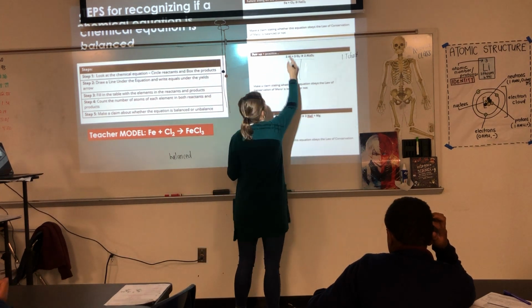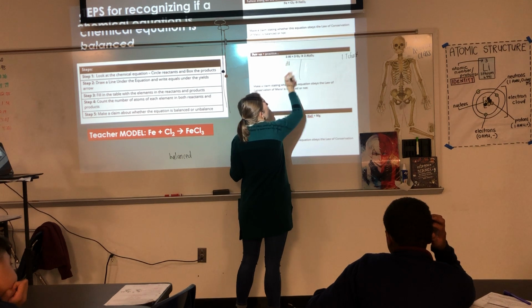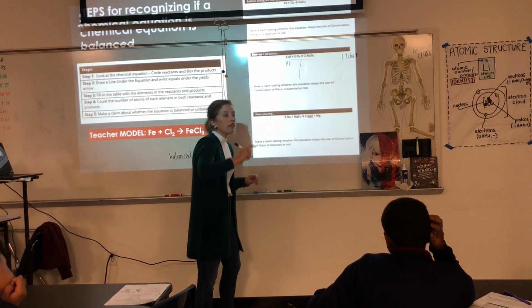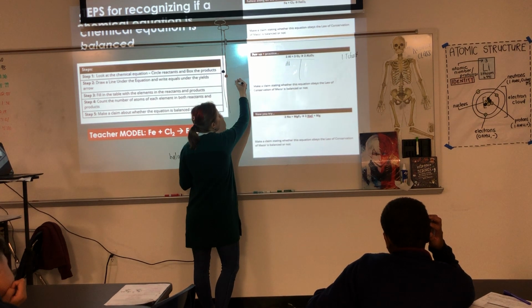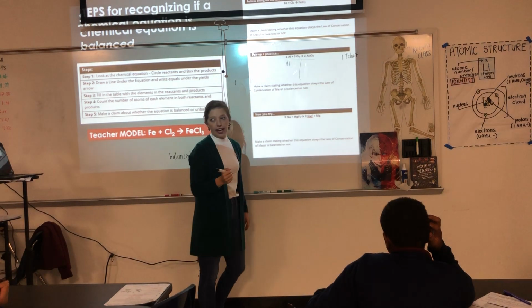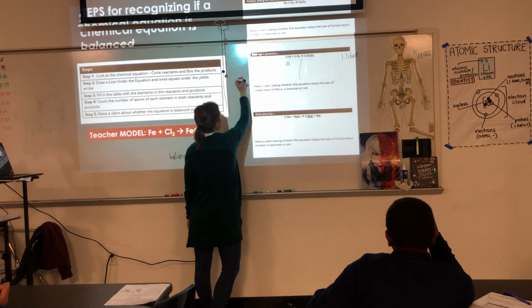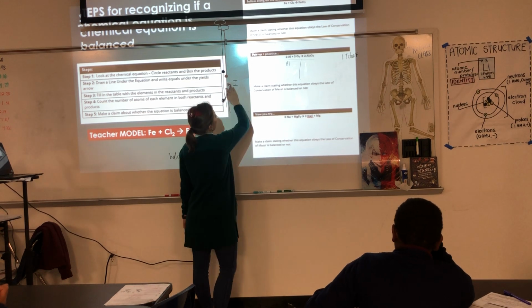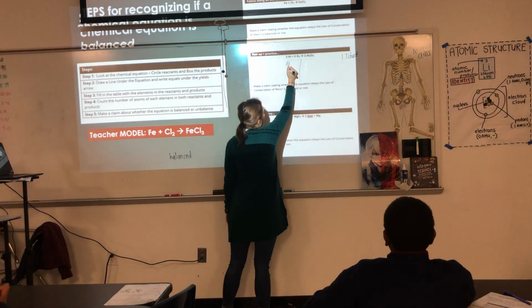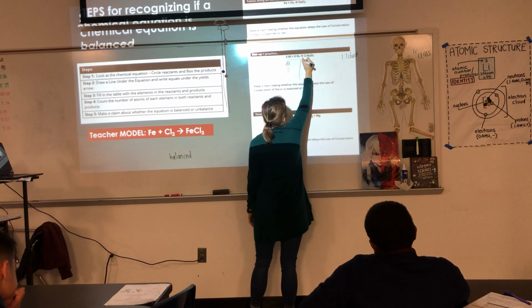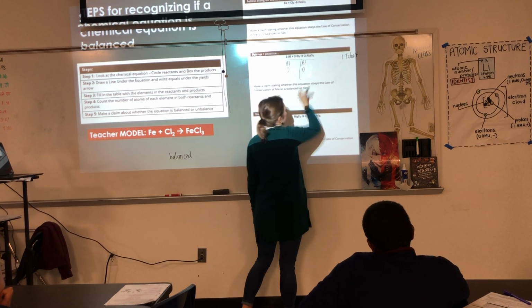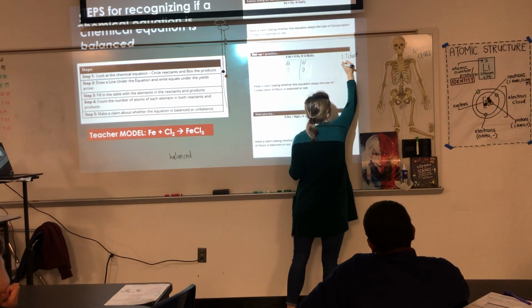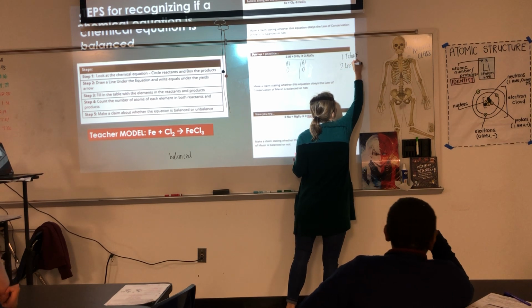So I say, okay, I've got Al, and as a reminder, when the l is lowercase like that, that is not an I, right? If it was an I, if it was a separate element, it would look like this. So just be really careful. So I've got one Al, I've got an O over here, I have an Al, and I have an O. So I'm listing all of my elements. That's step 2. List the elements.